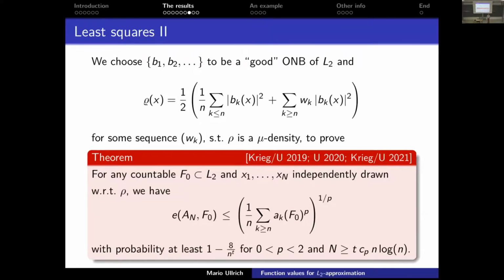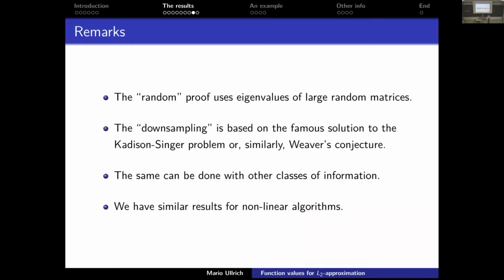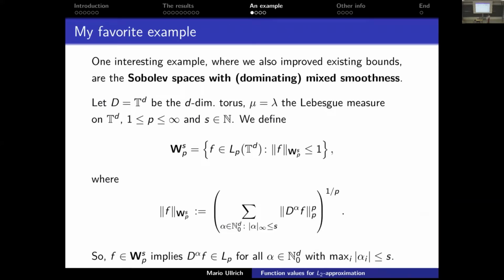This is something strange. And the funny thing here is that even in very specific situations that have been studied now for 50 years, we at the end improved all known results. So let us check the Sobolev space with mixed smoothness. All of us know them, I think. If you are related to discrepancy on a torus or on the cube, then that's just the case s equal to 1.